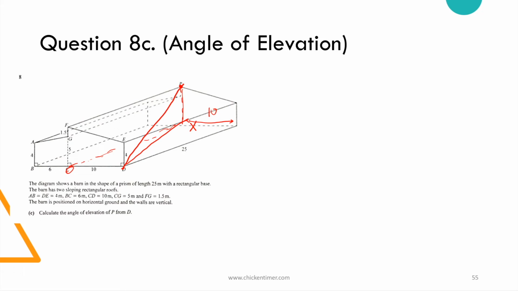So we need to find the angle of elevation. We will need to have PX, and we also need to have DX. So PX is the height of the building, so it's 5 plus 1.5, so it's 6.5 meters, which is easily gotten from the diagram.